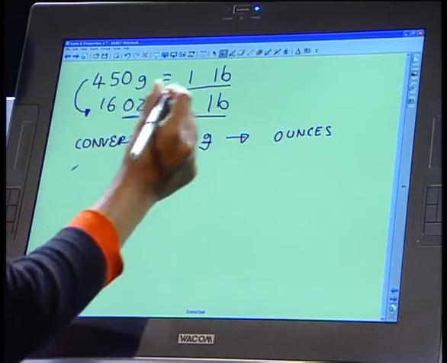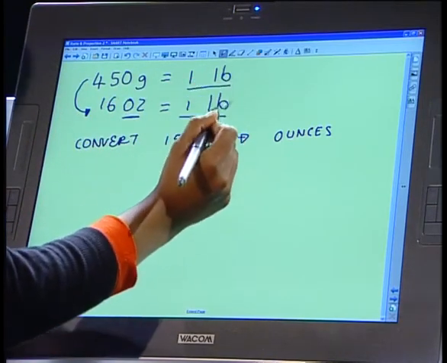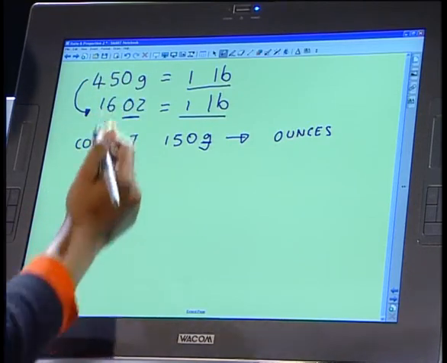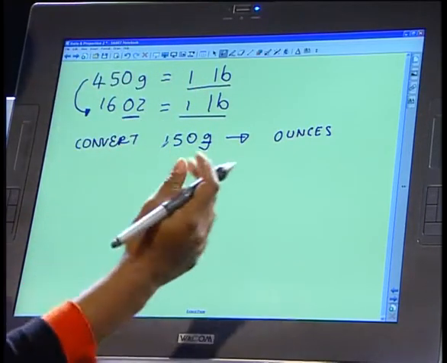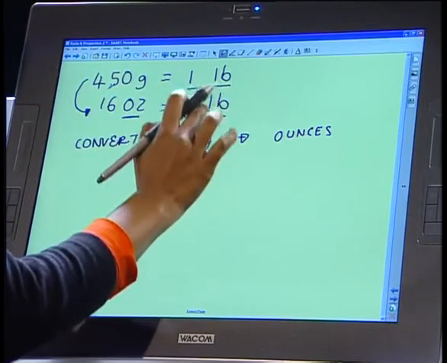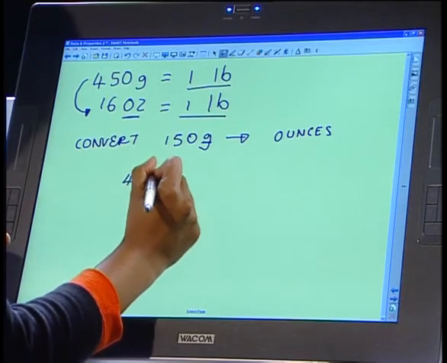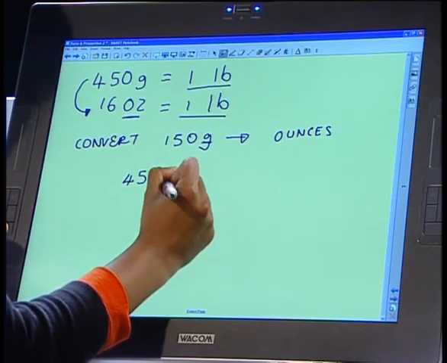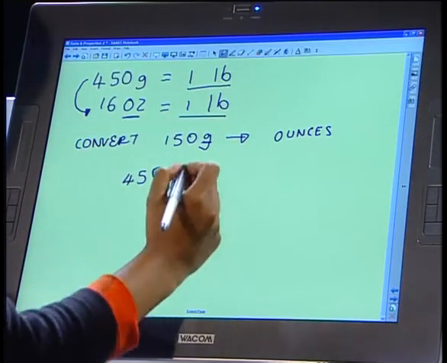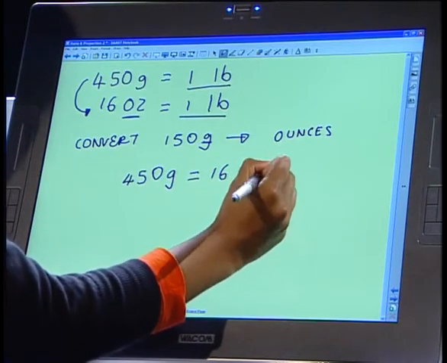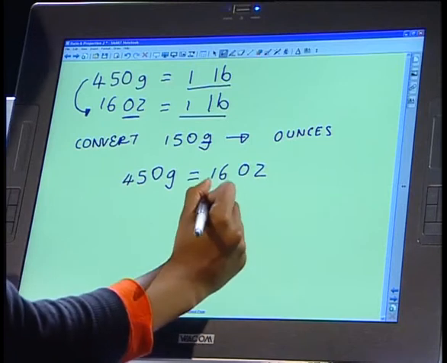Okay, think about that for a second. If they're equal to the same thing, they must be equal to each other. Okay, so therefore we can go straight, if you understand that concept, and say, well, since they're both equal to 1 pound, we basically can create a conversion between grams and ounces.